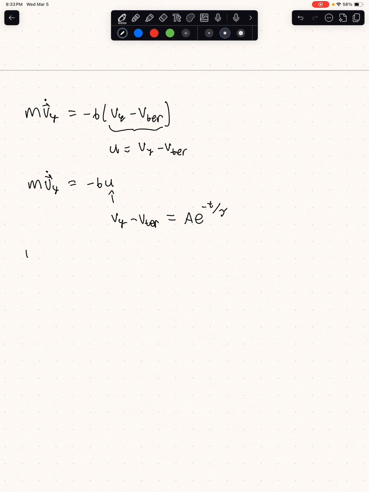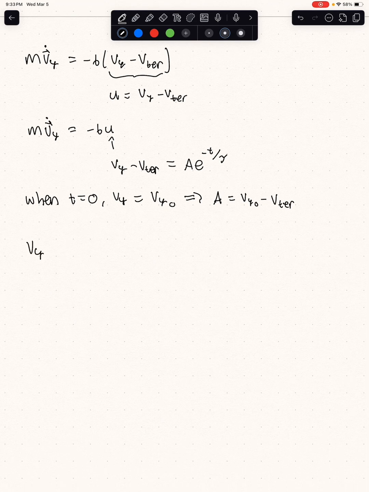And when t equals 0, vy is going to be vy naught. Therefore, our a initial condition is vy naught minus v terminal.